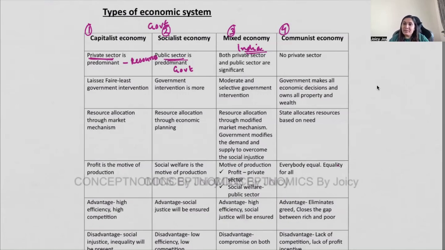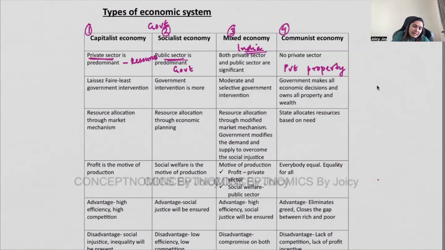And in a communist economy, there is an absence of private sector, or we can say that communist economy works on the basis of ownership by all. There is no private property. It is owned by everyone equally.